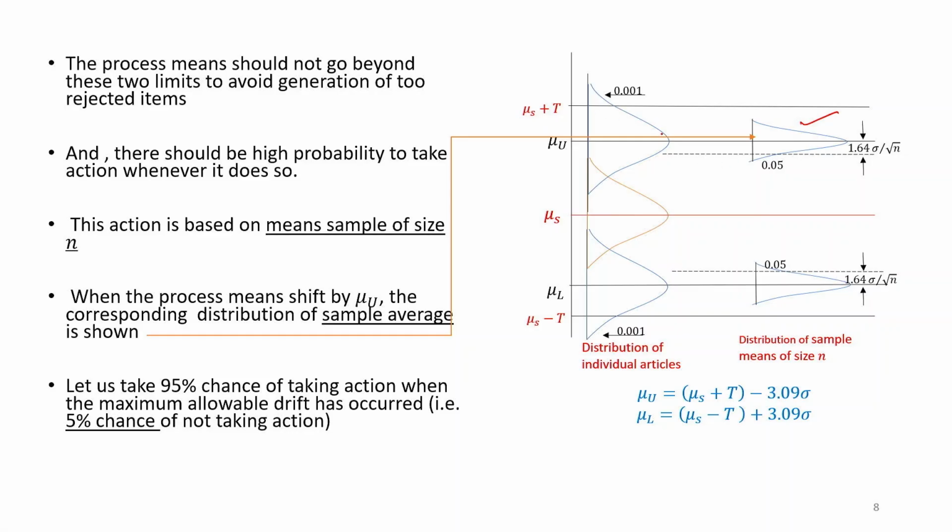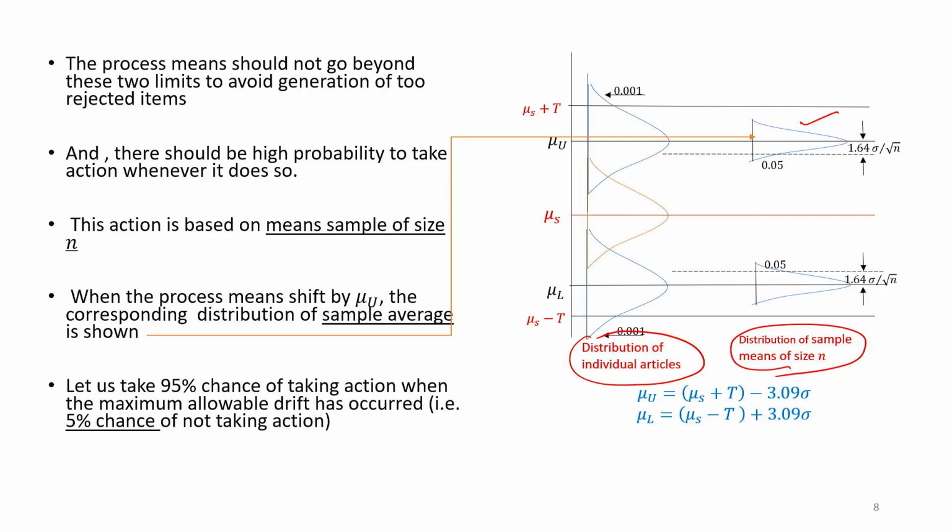For the same, this side is the distribution of individual items. The right hand side curves are the distribution of sample averages or sample mean. We all know that the sample mean distribution will be narrower than the actual distribution of the samples. Why is it narrower? Because it is based on the mean value of n number of items drawn from the population.